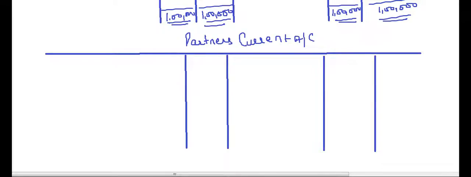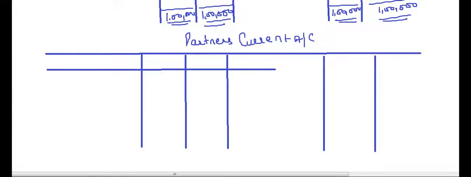One is the partner's capital account, where the capitals will remain fixed, and the second is the partner's current account, where we will enter all the transactions relating to the partners.